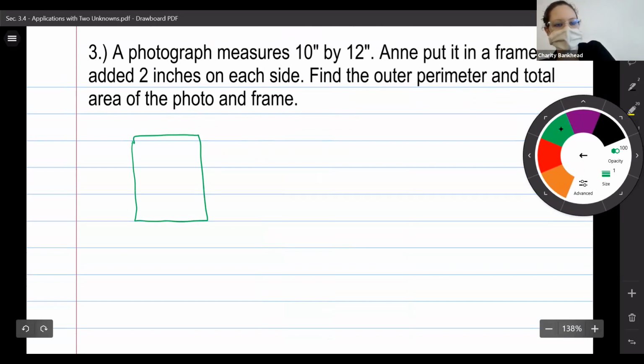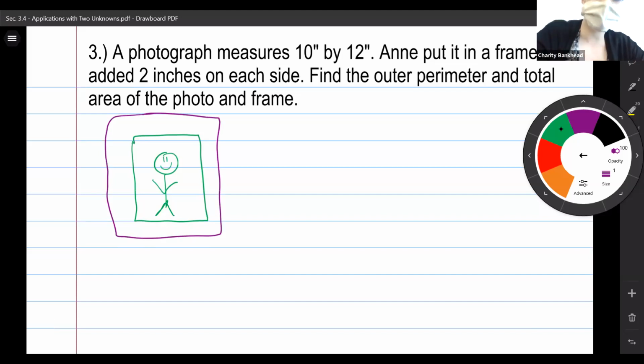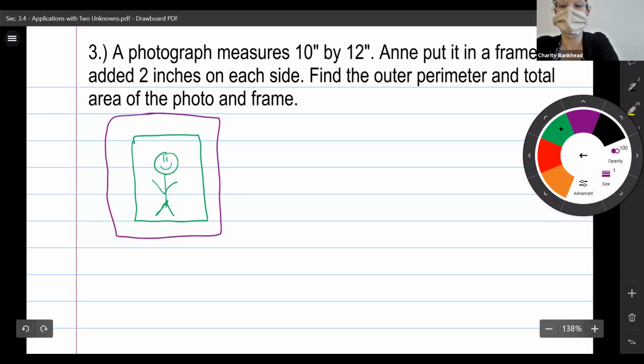So let's say that's the photo. There you go. And here's a frame around it. Never claimed to be an artist, but okay. So the photo itself is 10 by 12.